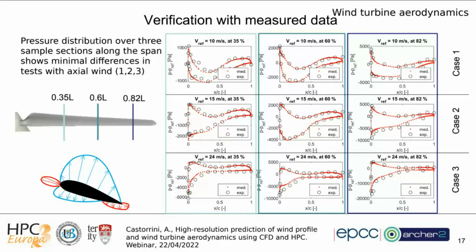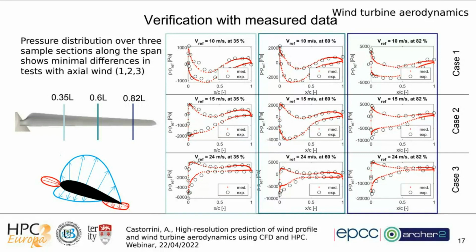Also, we can do validation more locally with pressure measurement over the blade sections. In this case, the pressure was measured around the aerodynamic profile for these three sections that correspond to these three columns of these plots, while the rows correspond to the different wind velocity cases.